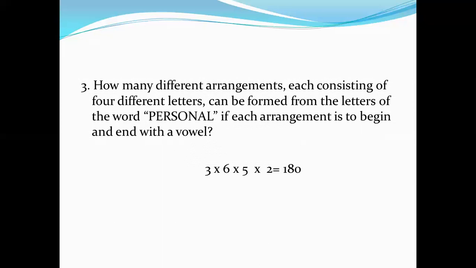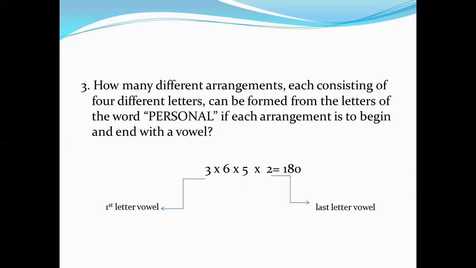For the first letter, you have 3 choices because it needs to be a vowel: E, O, and A. The next condition is that it should end with a vowel. So for the last letter, why only 2? Because of the 3 vowels, one of these will take the first place, so there are 2 vowels left for the last letter.